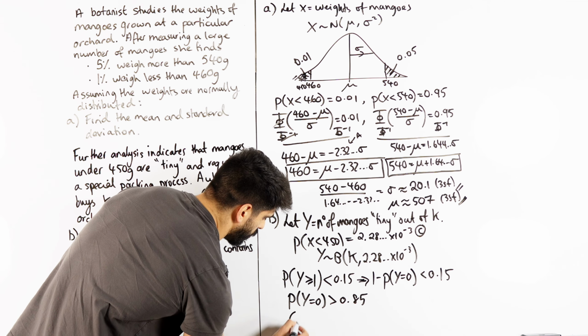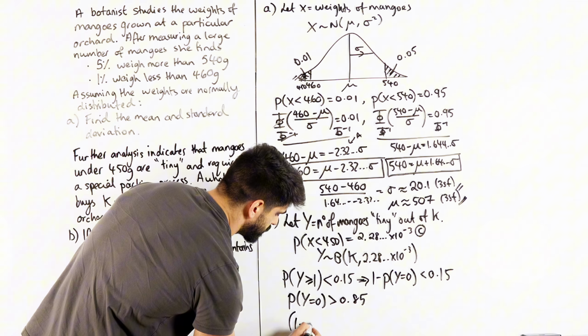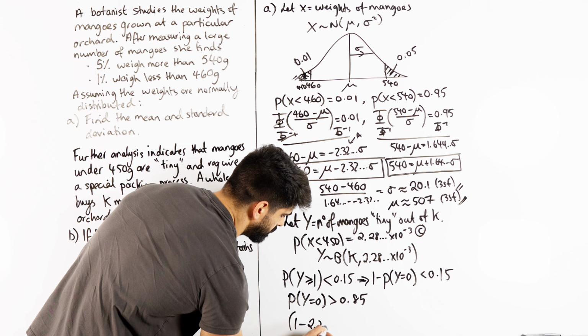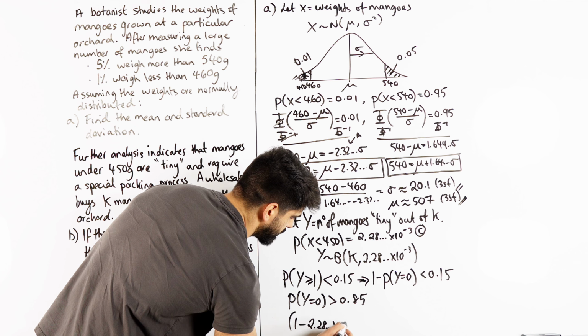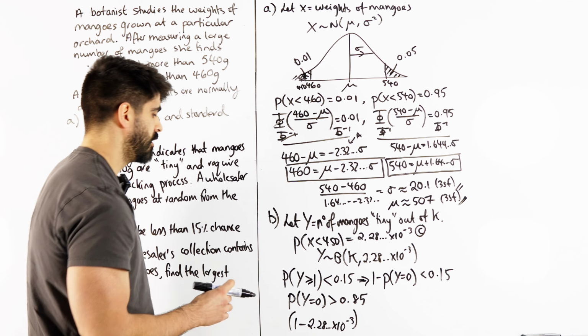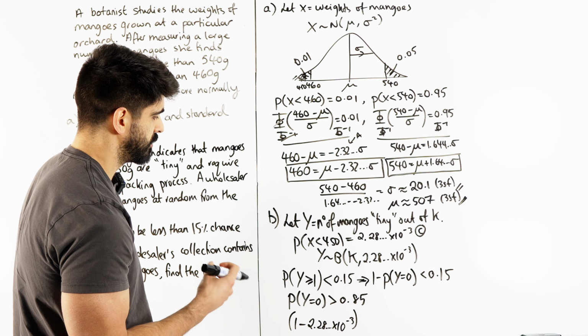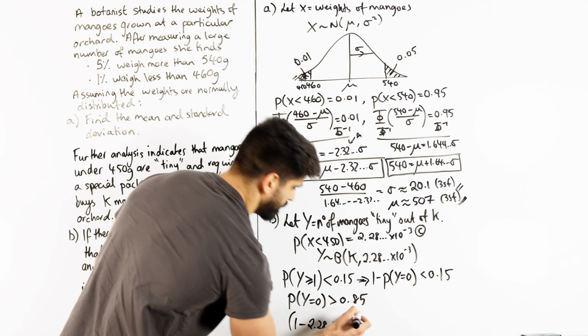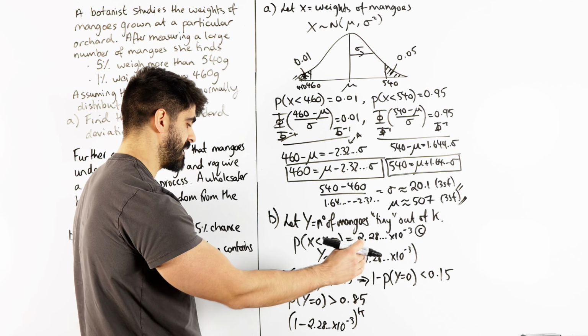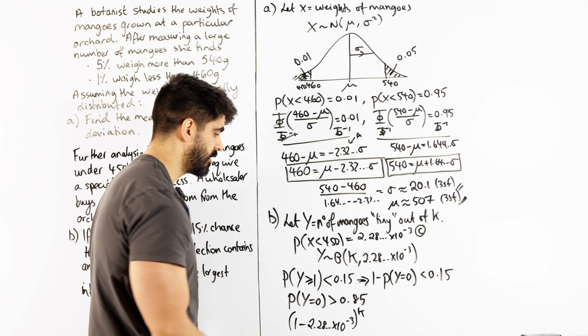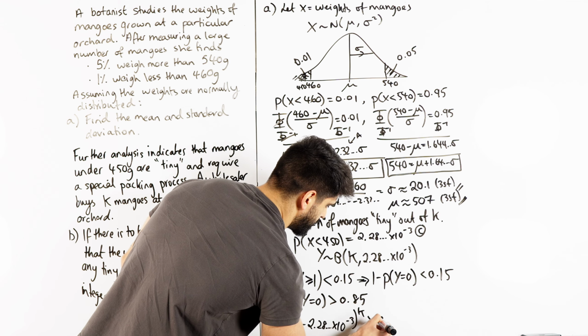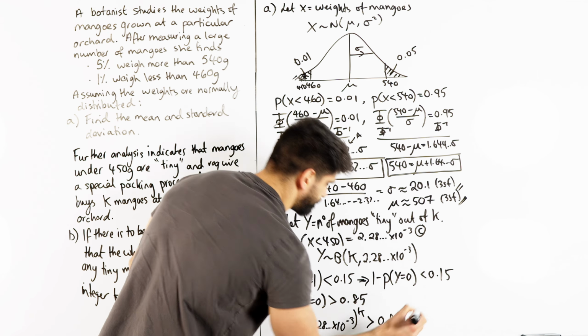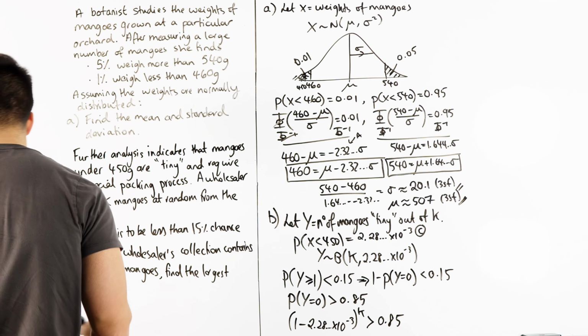So we want all of the mangoes to not be tiny, which would be this probability, 1 minus this, but we also have to the power of k, because there's k mangoes. The numbers here are not that nice. We want that to be bigger than 0.85. How do we solve that?